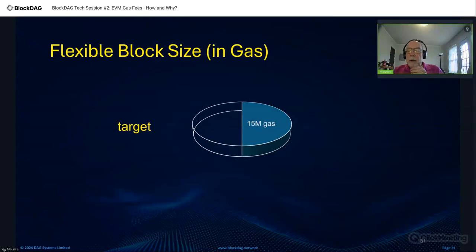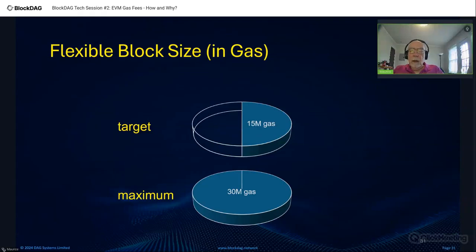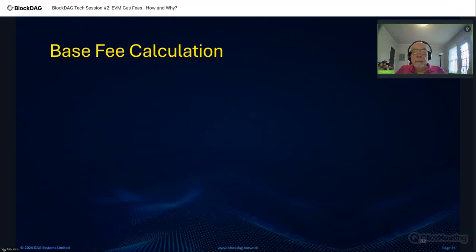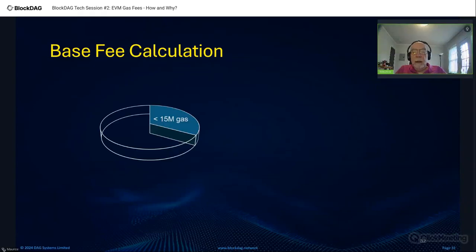So if a miner creates a block, it has 15 million gas units pledged, then we're happy. Under stress, we're going to allow more gas. So if demand spikes, then we have some wiggle room, and there's a maximum of 30 million gas units. So normally we try to keep it at 15, but if we're stressed out, then we will grudgingly admit more gas up to a limit of 30.